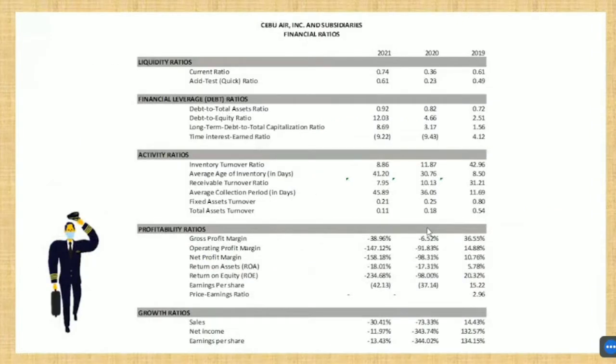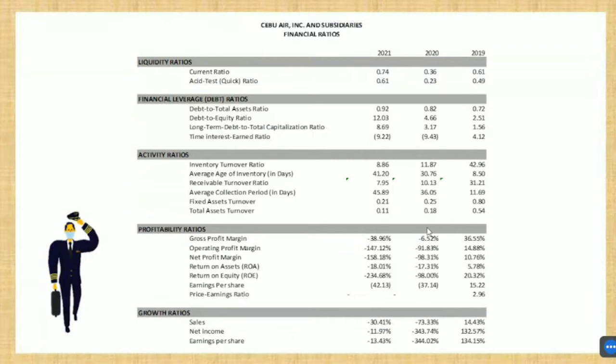So, in this analysis of three years, I will be using ratio analysis that will provide a summarized and concise study of the relationship among various financial ratios shown in the series of statements. Here on the screen are the financial ratios that I computed, which highlight the liquidity ratios, the financial leverage or debt ratios, the activity ratios, the profitability ratios, and the growth ratios.